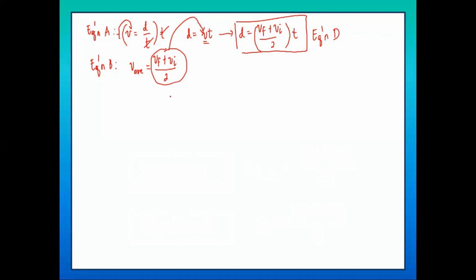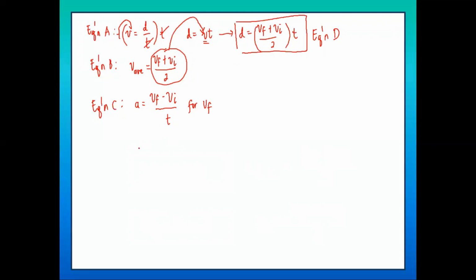So, moving on, we have to further rearrange equations. Now, for this case naman, we have to rearrange equation C. So, our equation C, recall lang natin, is your acceleration. A is equal to V sub F minus V sub I over T. So, we have to rearrange equation C for V sub F. Now, how can we do that?